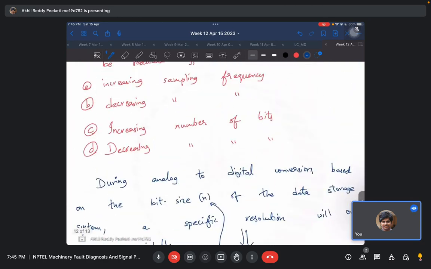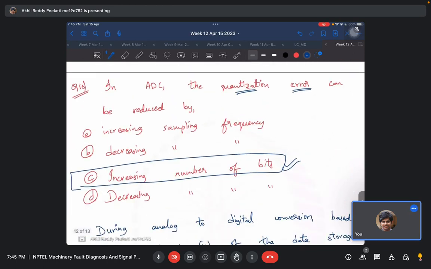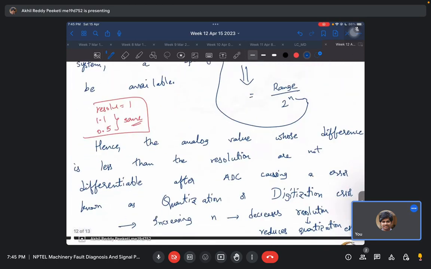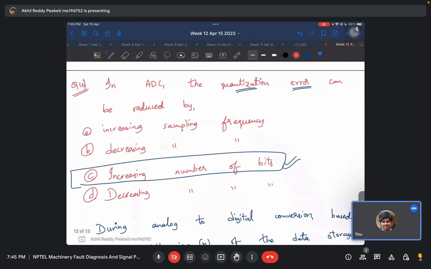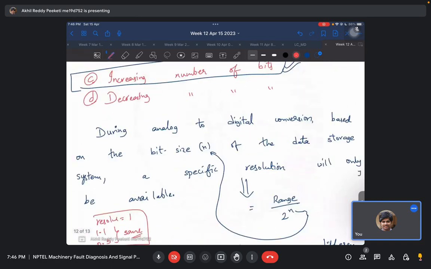Okay, so the answer is increasing the number of bits of the storage system will reduce the quantization error. Okay. So now let's move to the next question.